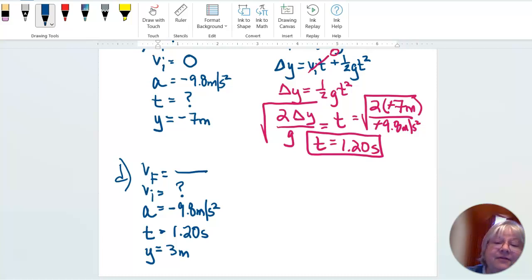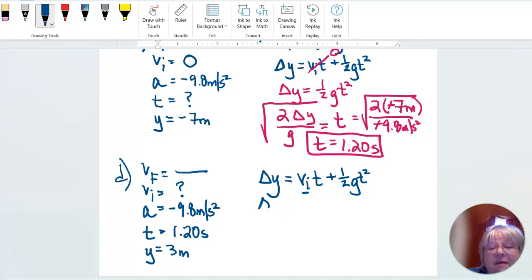That means I'm going to have to use the same one we did for the rose, delta Y equals VIT plus 1/2 GT squared, and I'm going to be solving for VI. So I'm not going to manipulate my equation the entire way. I'm just going to simplify it a little bit. So delta Y minus 1/2 GT squared equals VIT.